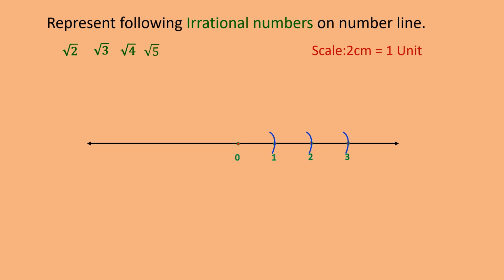Let us take it to the left side of the origin. Again the same radius, we won't change it. From O we will draw an arc which will become -1, from -1 it will give you -2, and from -2 it will give you -3. So our number line is ready.